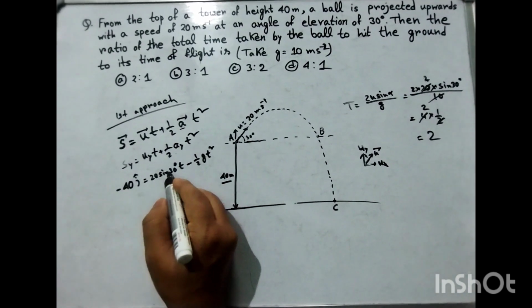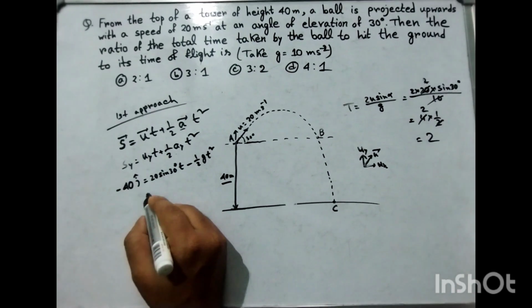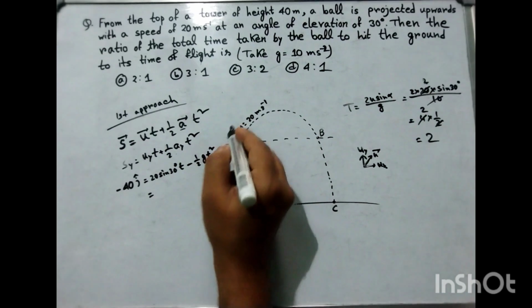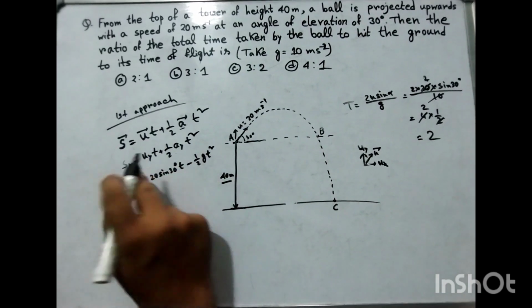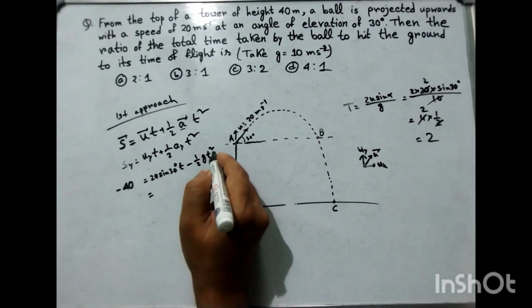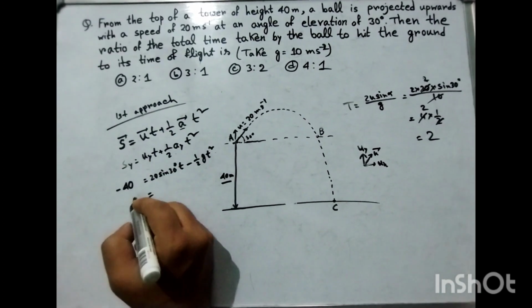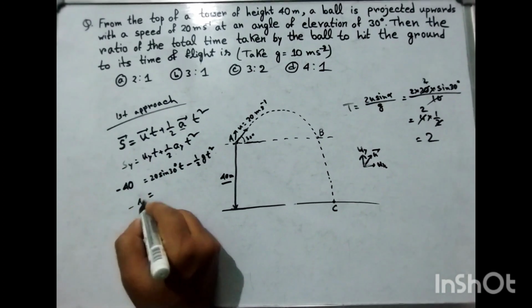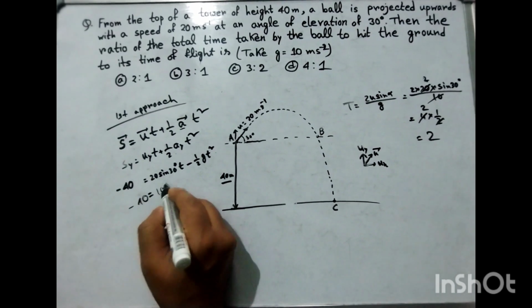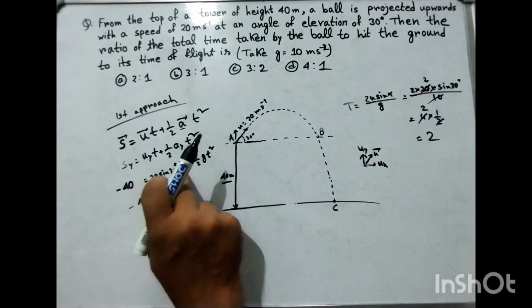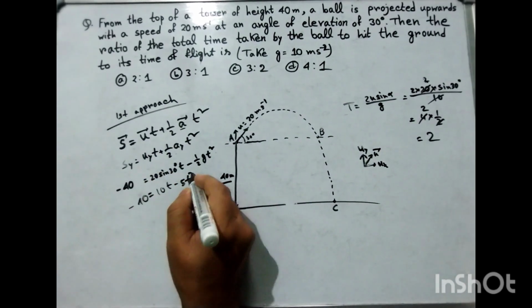Now 20 sin 30 degree means 10, and the acceleration vector was along j cap, so this will also be j cap and this will also be j cap, so j cap will be eliminated. Now this is minus 40 equal to 10t minus half, g is equal to 10, so this will be 5t square.